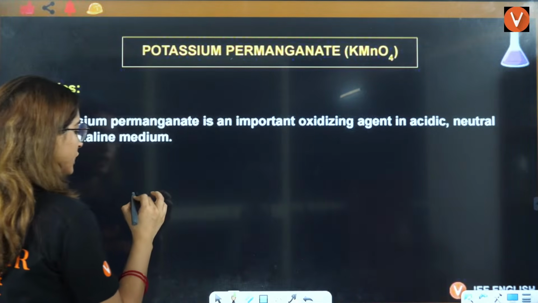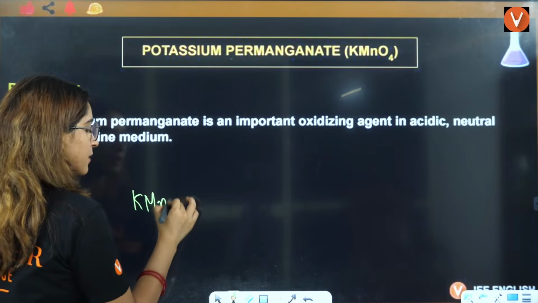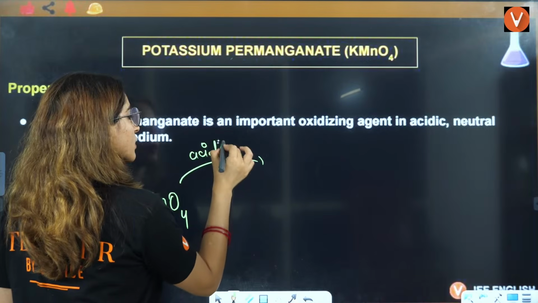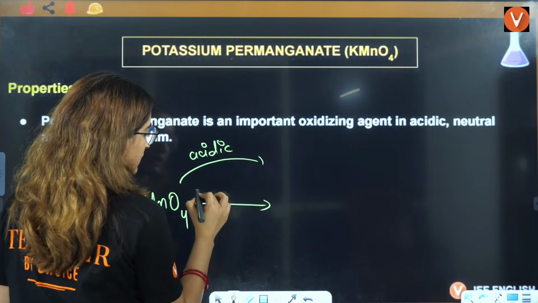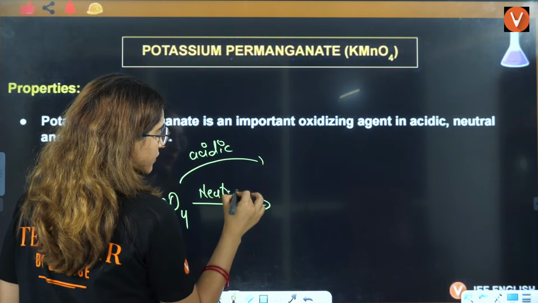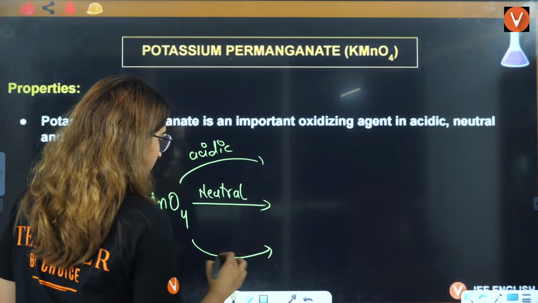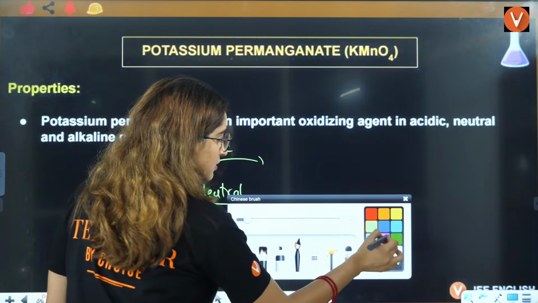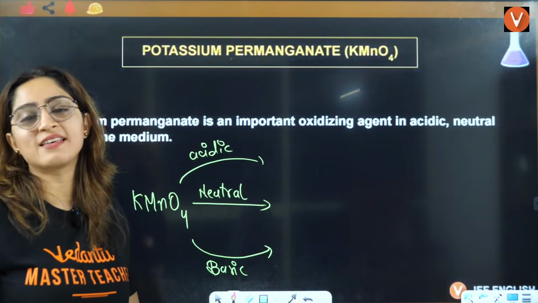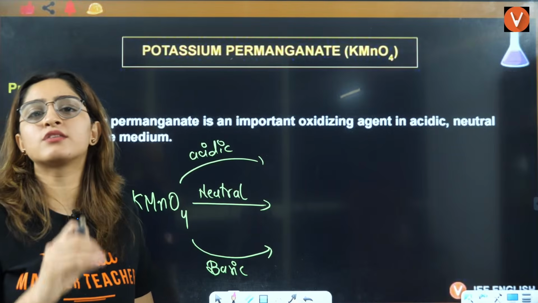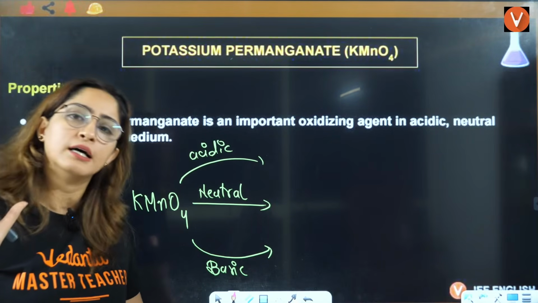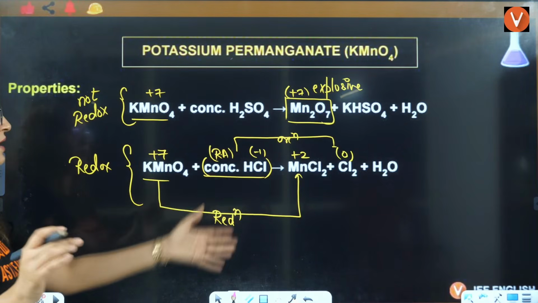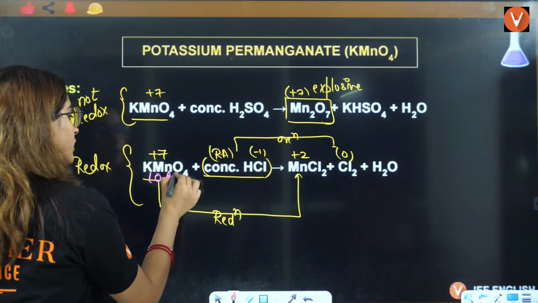Now, the simple thing you should know is KMnO₄ in acidic medium, then in neutral medium, then in the basic medium. It is a very good oxidizing agent. We know that KMnO₄ is an extremely good oxidizing agent, right? Here also it is acting as a good oxidizing agent.